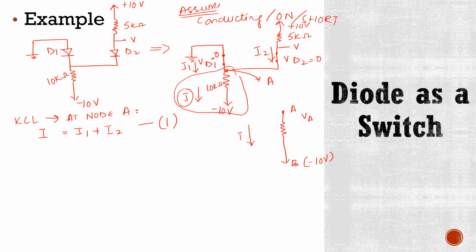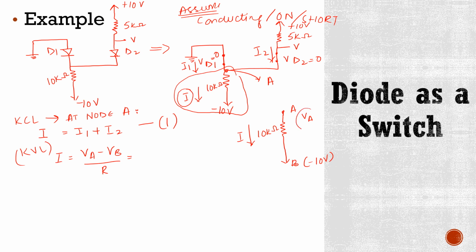Here current is flowing in this direction, and here resistor is of 10 kilo ohms. So how are you going to find I? You will apply KVL equation here, and here I will be VA minus VB divided by R.